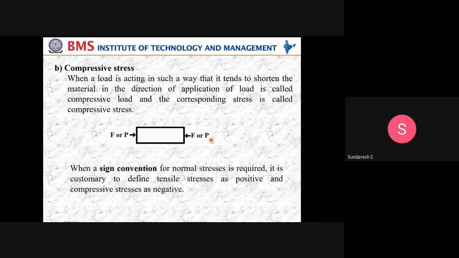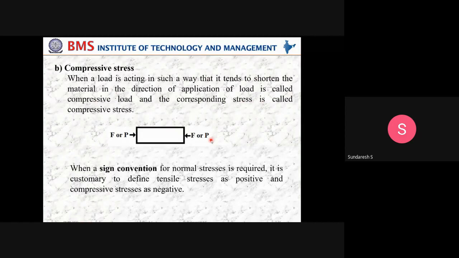Throughout our discussion, whether in mechanics of materials or any design, whenever you find normal stresses, tensile stresses are positive and compressive stresses are negative. Even when you solve a problem and get a negative value of normal stress, it is understood to be compressive in nature, and if you get a positive value, it is understood to be tensile in nature.